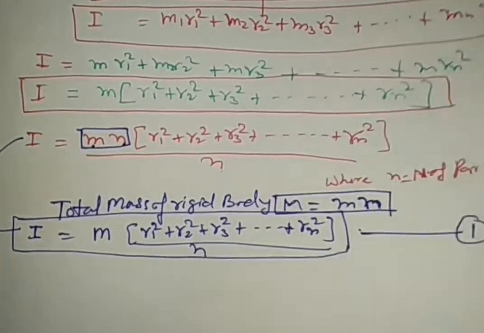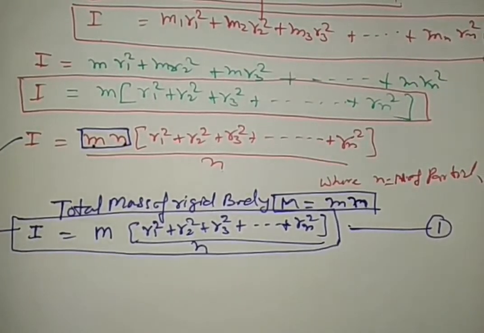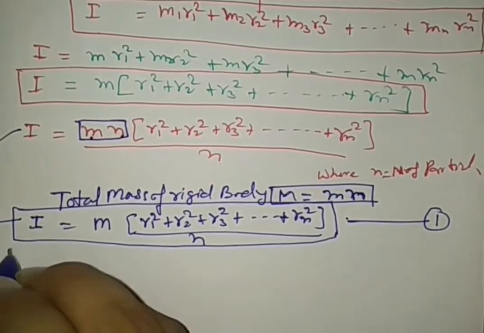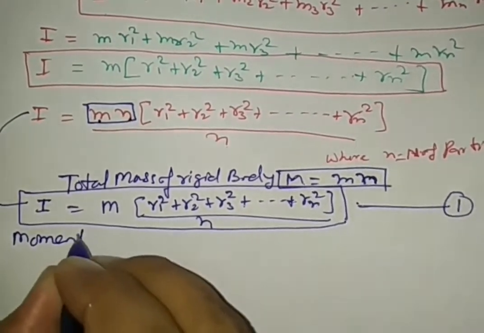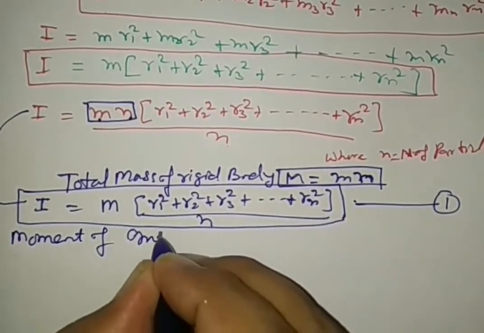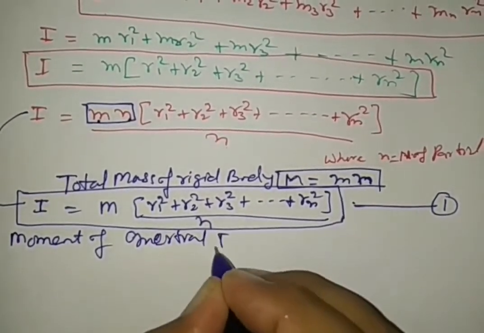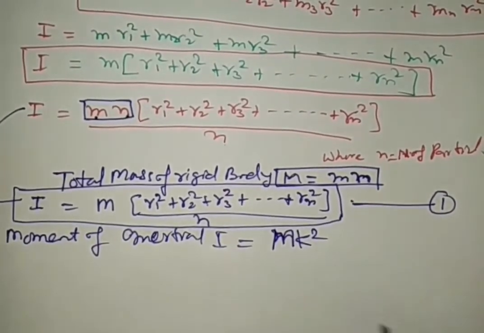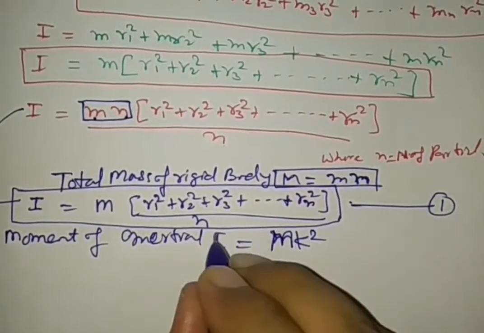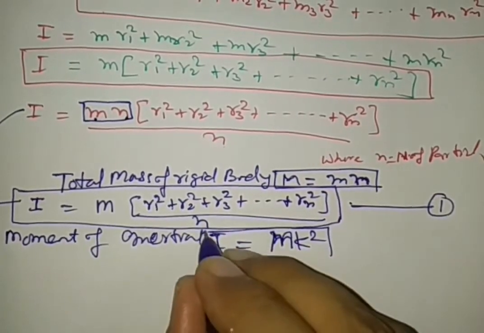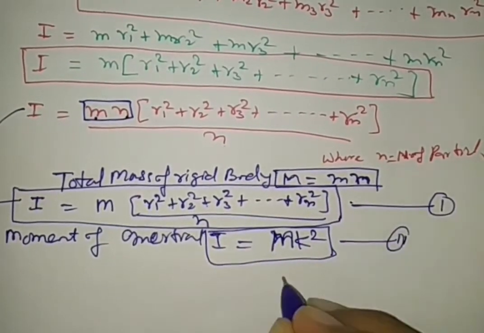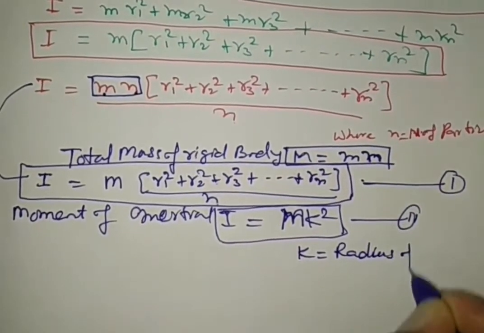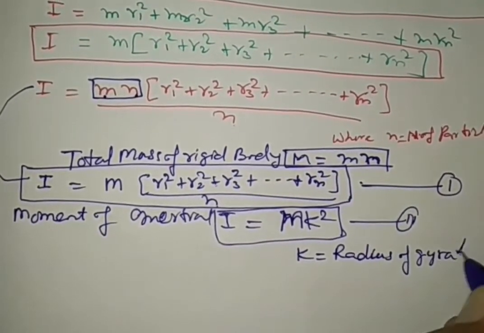Now the moment of inertia I is also written as capital M k square. It is represented by equation 2, where k is called the radius of gyration.